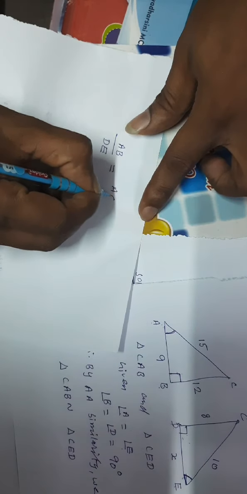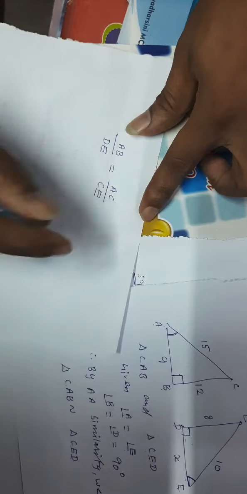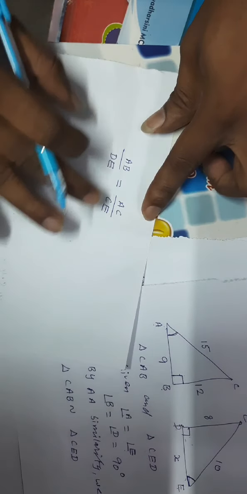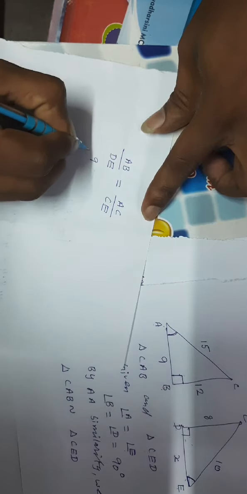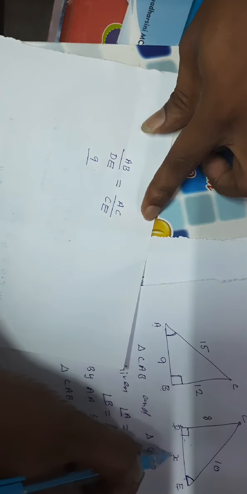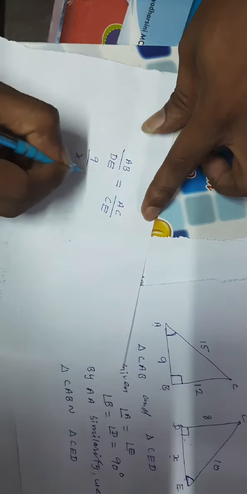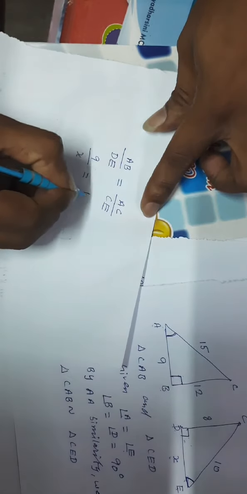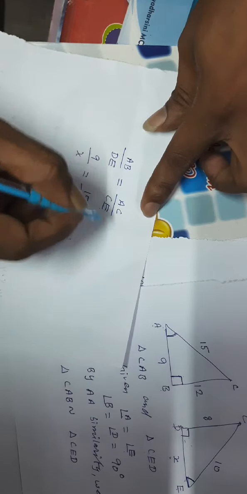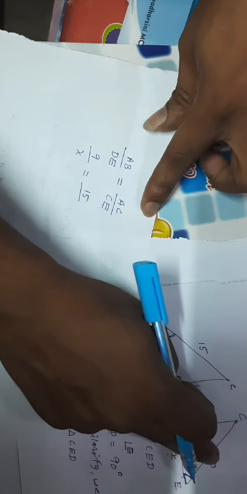So AC by CE. I take these values: AB is equal to 9 and DE is equal to x. AC is equal to 15 and CE is equal to 10.